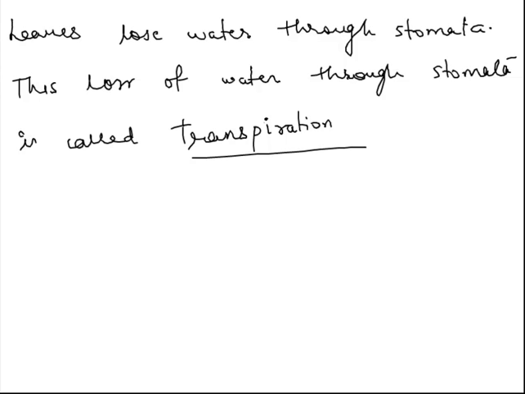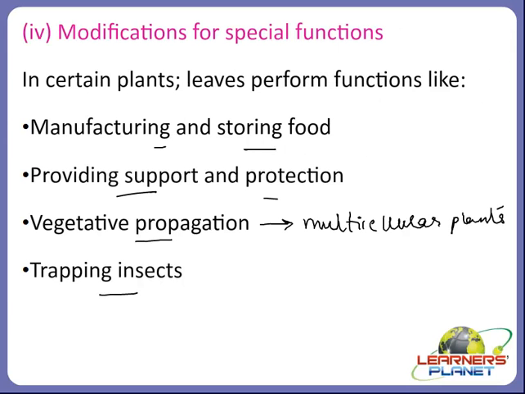This water brings along important nutrients from the roots which are required by the leaf. Thus transpiration helps in the transport of nutrients within the plant. And the transpiration process also plays an important role in the water cycle. So these are some of the very important functions of leaves.